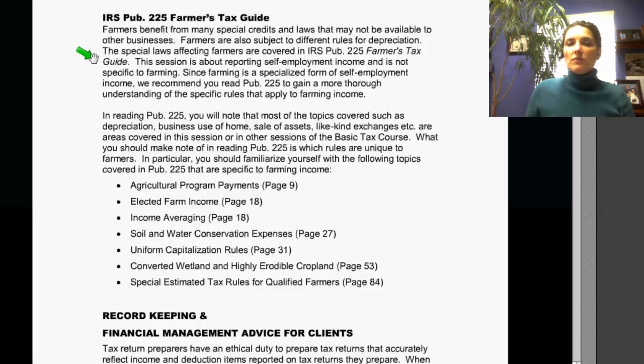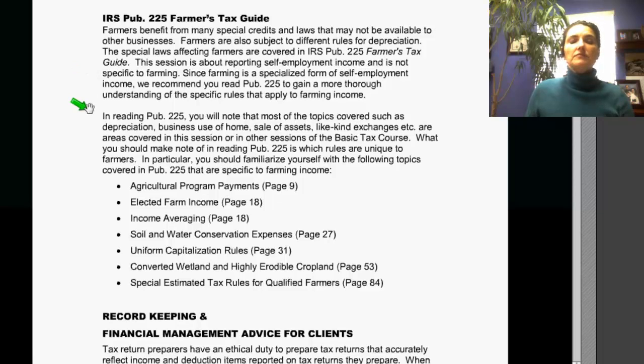This session, as I've already said, is about reporting self-employment income and is not specific to farming. Since farming is a specialized form of self-employment income, we do recommend that you read Publication 225 to gain a more thorough understanding of the specific rules that apply to farming income, particularly if you live in a rural area where farmers are commonly coming into your tax office.